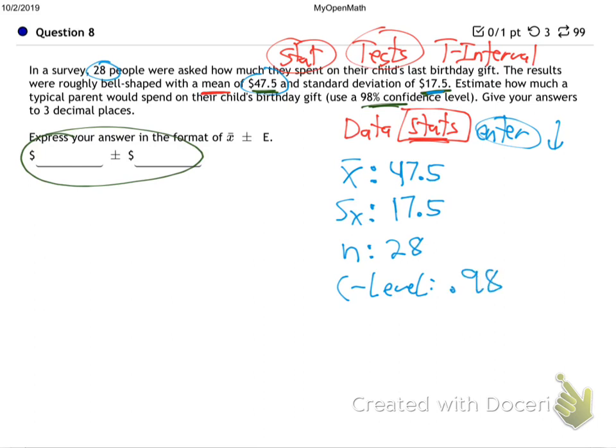So put all that in. And maybe you're getting what I got. I got 39.322, comma, 55.678.